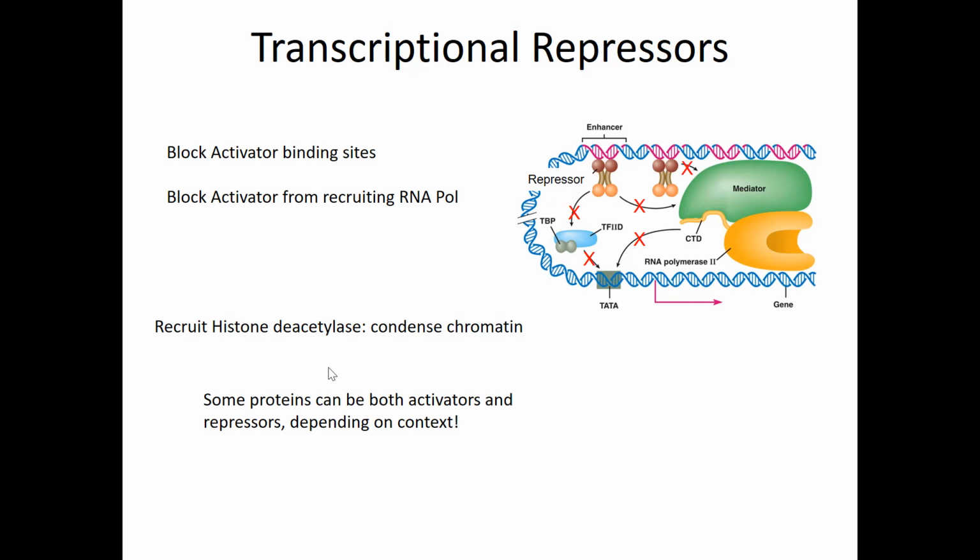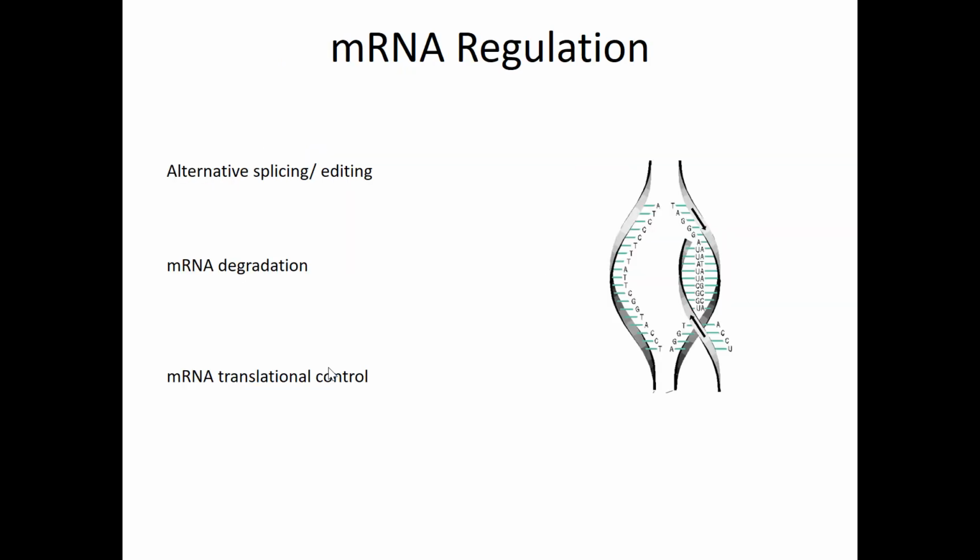And so some proteins can act as an activator or a repressor depending on which chromosome they're acting on, and probably the overall three-dimensional structure of what's going on inside of the nucleus.